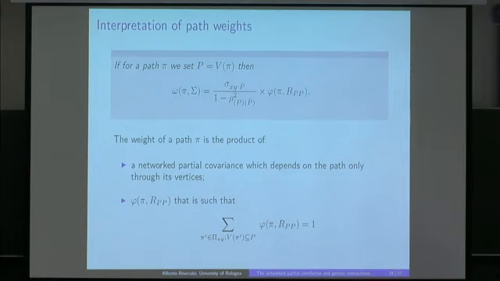And the network partial covariance here only depends on the vertices of a path, not on the edges of a path. And this quantity depends on the path, and as before, it is a normalized quantity, and its sum is equal to 1, but I have to consider the sum over the paths that involve only vertices in P. So it's a subset of the paths between x and y, and this gives value 1.